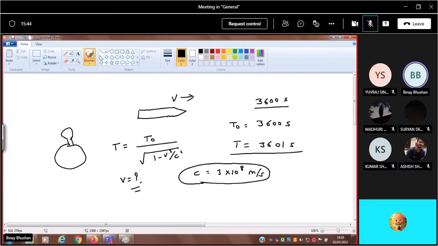So from here you can calculate what v is. On the same pattern you can have a numerical question based on length contraction as well.